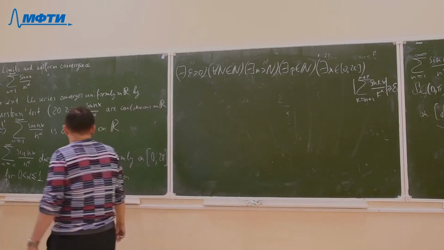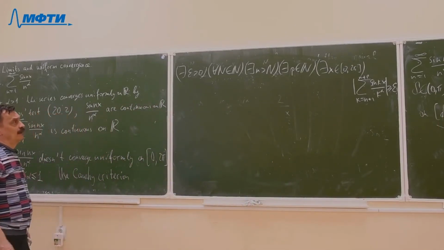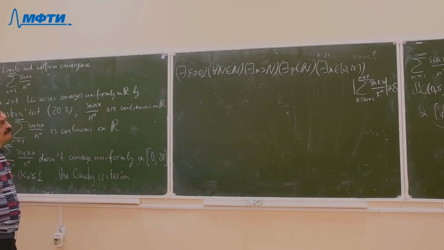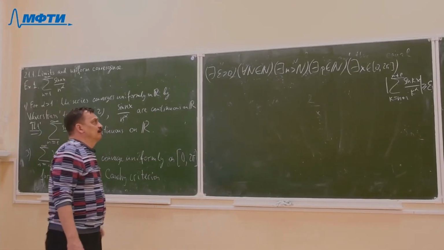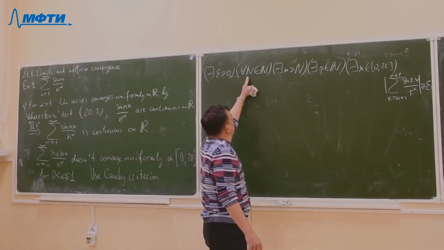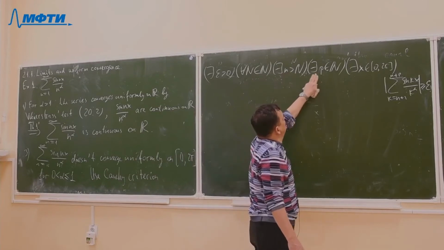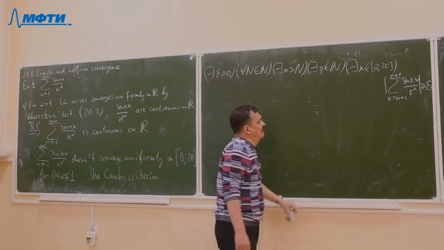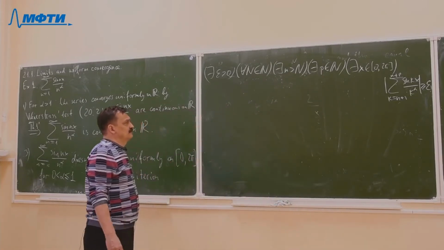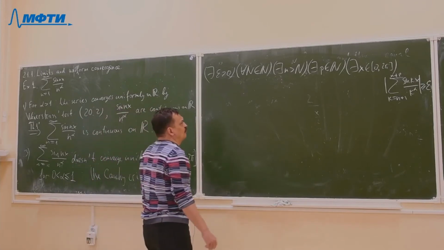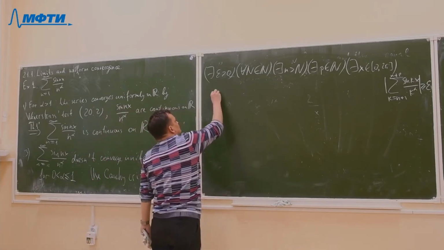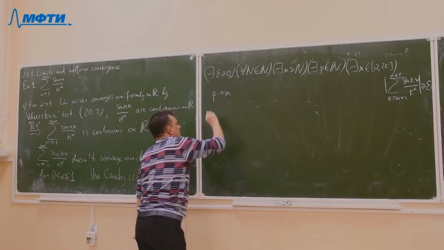Okay. And you see, we need to find sufficiently large n and an arbitrary p. And it's rather often to choose p equals to n.